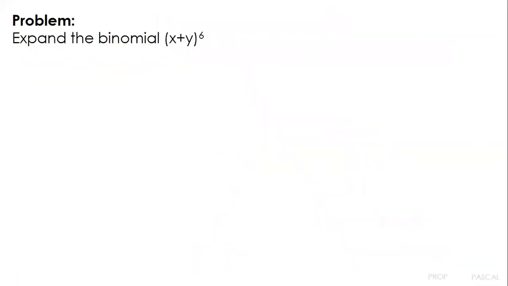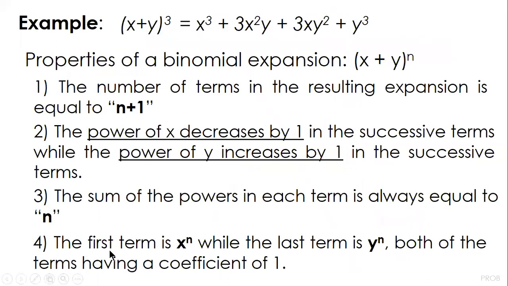Okay. Here it is. How do we expand the binomial x plus y raised to 6? Let us refer to the properties. In the properties, it says here, number 4, the first term is x raised to n, while the last term is y raised to n.